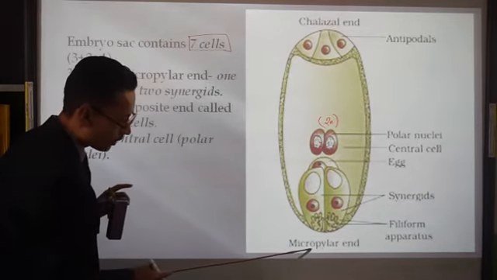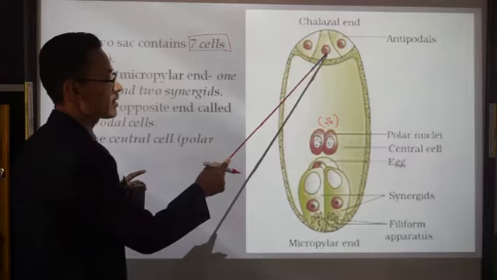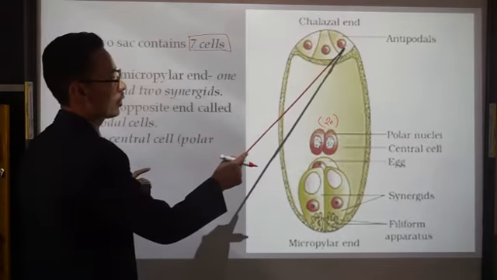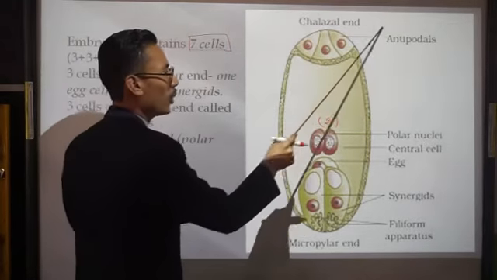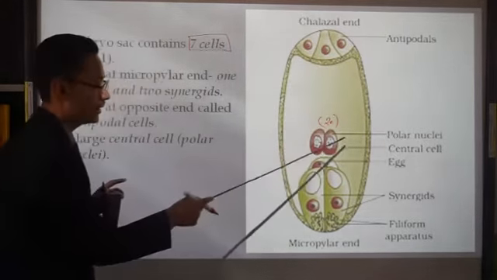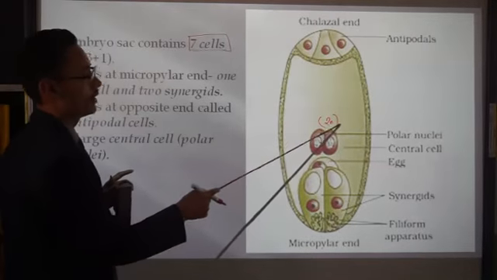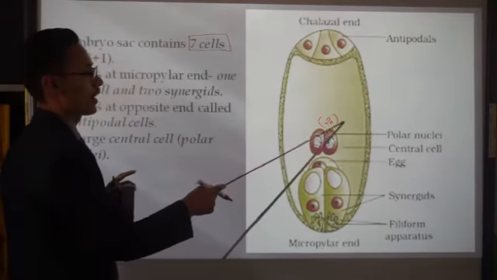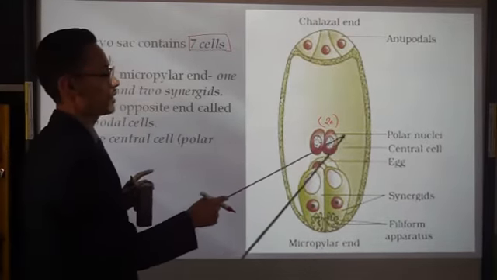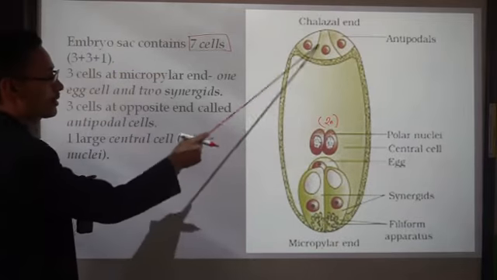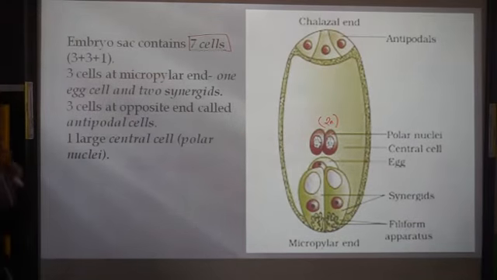Opposite to it are the 3 antipodal cells, and in the center the central cell, or polar nuclei cell. So this is the structure of an embryo sac.